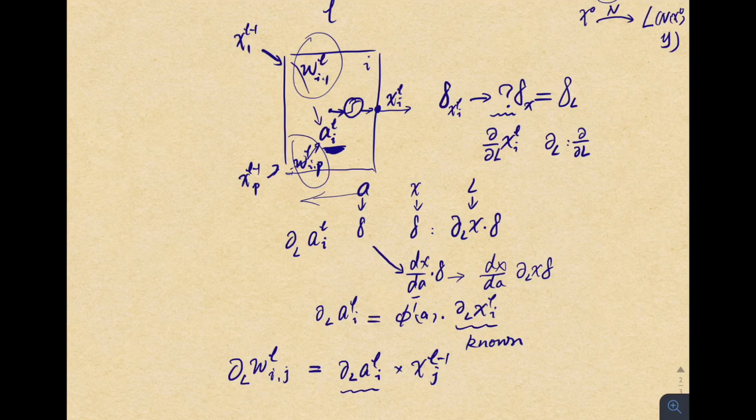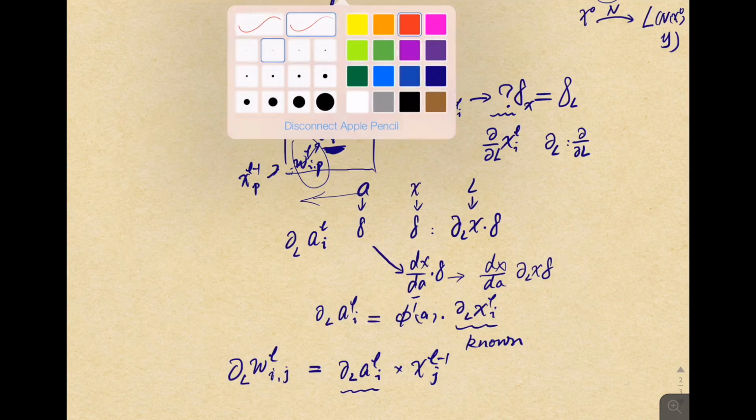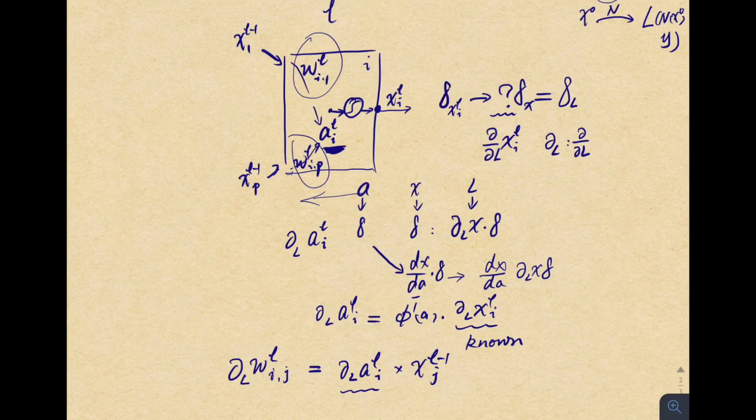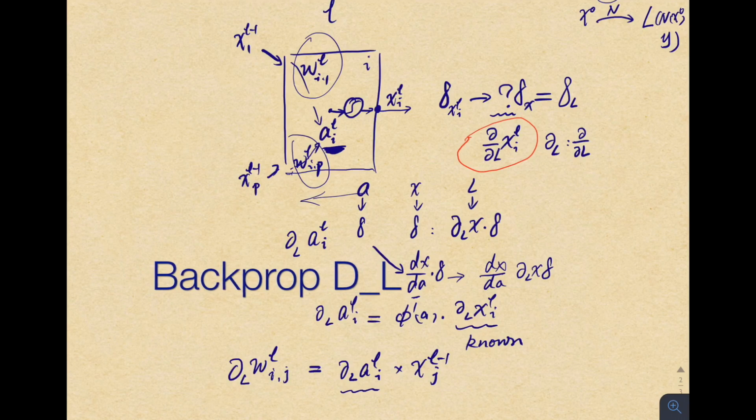But remember, the whole computation starts from this presumed knowledge here. We know how the target value will change if we change the output of this neuron. So to apply this technique to the entire network, we need to pass this knowledge back to the neurons in the previous layer.